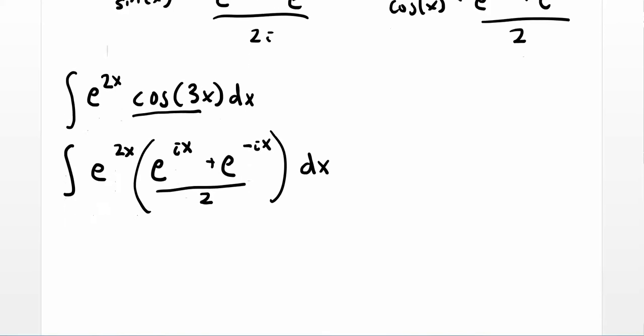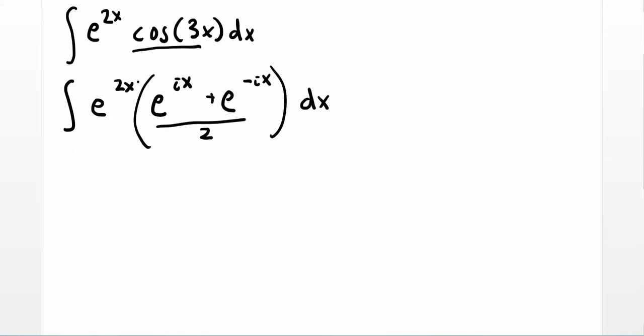So we're going to distribute, same thing. The only problem is that this exponent here does not have imaginary numbers inside it. So it's going to make it a bit complicated. We'll pull a 1/2 out to start. This becomes e to the 2x, we're going to write out all the steps just to be safe, plus ix.